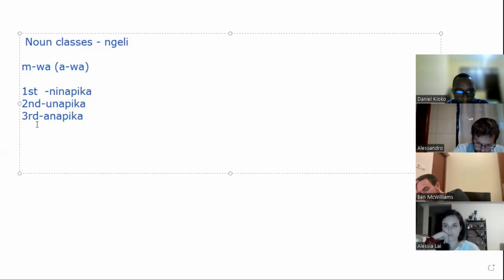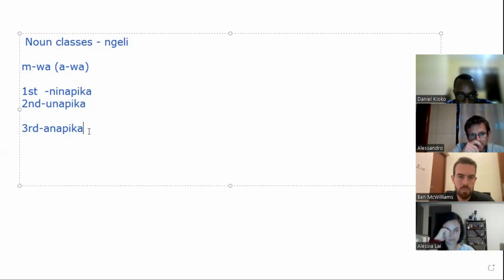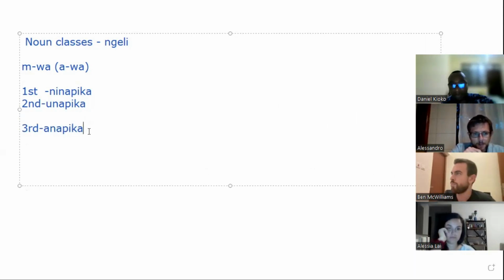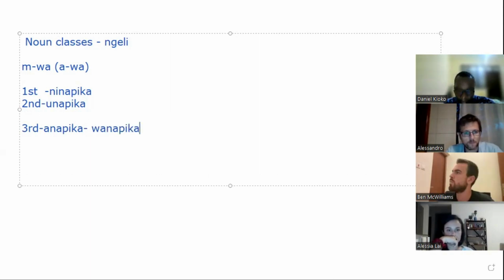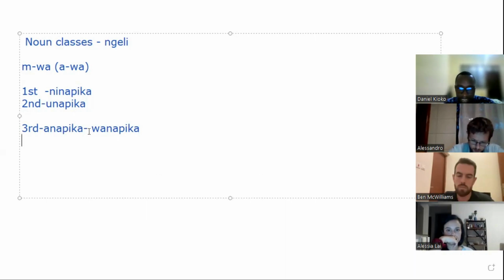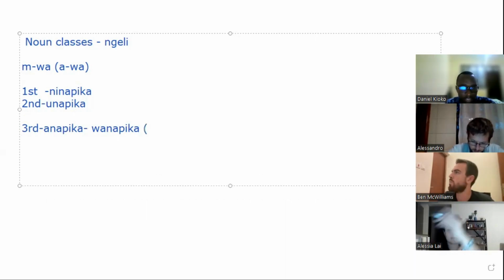The three persons. But now you will forget about first and second person, and we'll be working on the third person. Yes, you'll use the others in your sentences, but I'm saying this is like when we are talking about the animals and the rest. And the plural is wana pika. You can see there is something with a and wa.